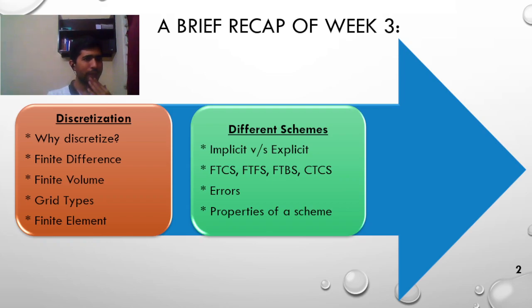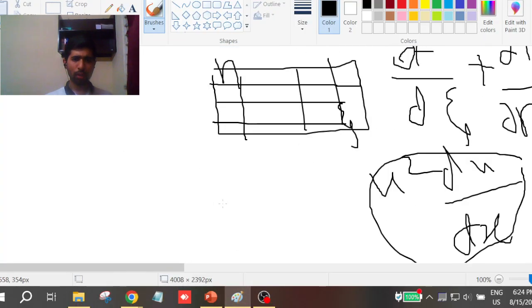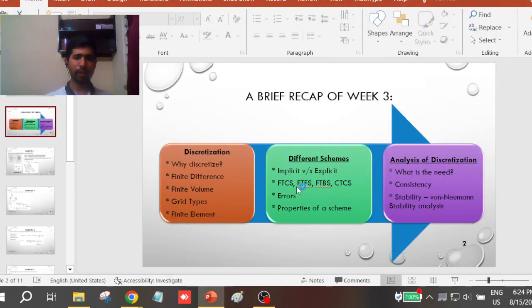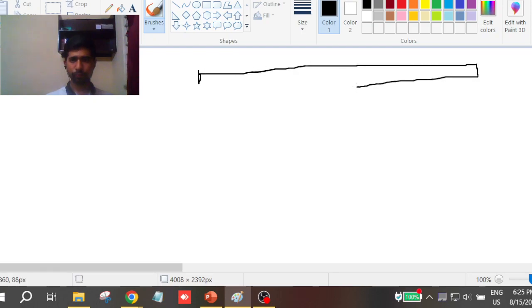Now coming to the different schemes. As I said, the basic equation we see is always a diffusion equation whenever we are starting a new topic. So consider a transient diffusion equation. For example, say there is a rod like this, wherein the temperature varies only in the x direction.